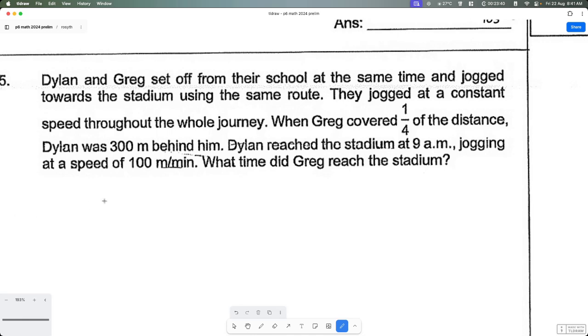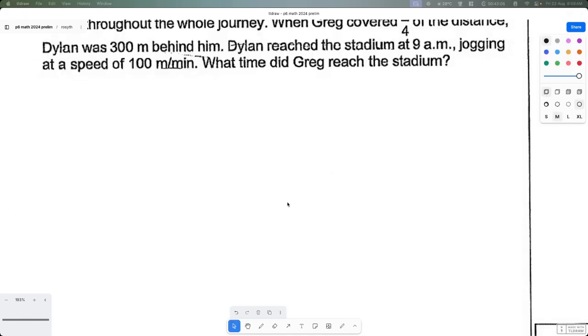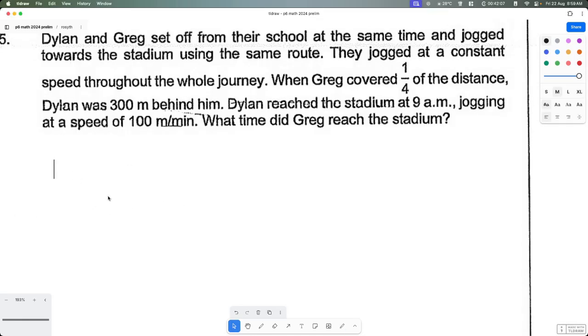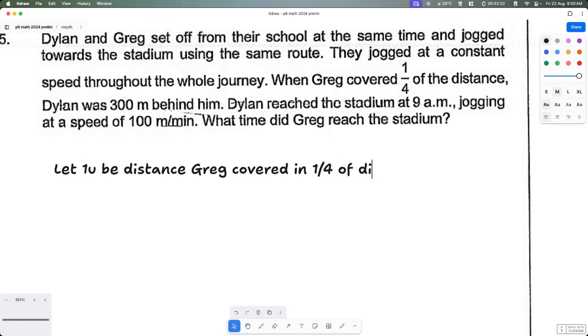All right, in this case, let one unit be the distance Greg covered in 1/4 of the total distance.